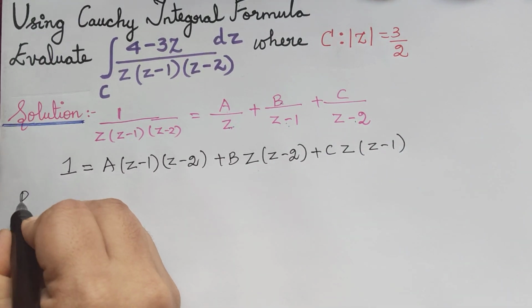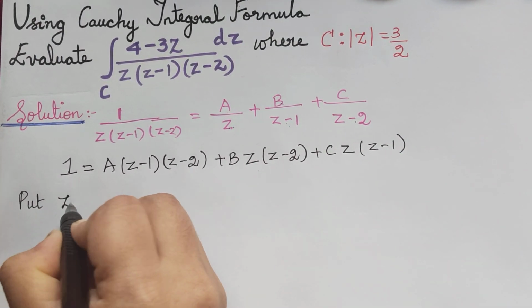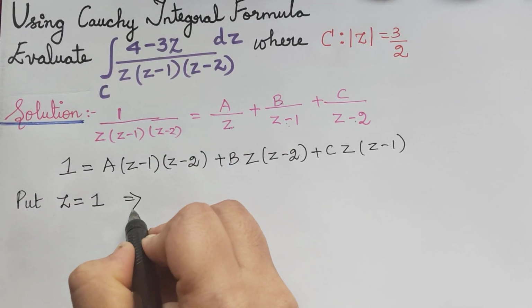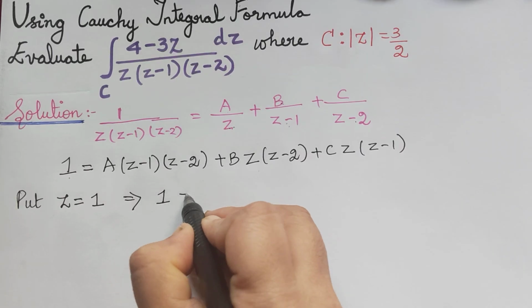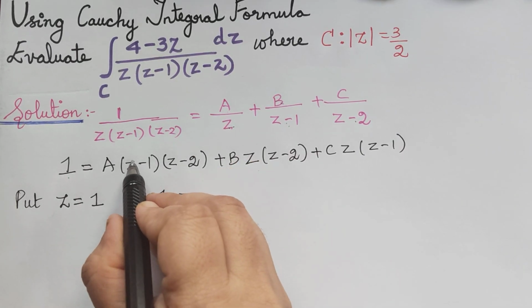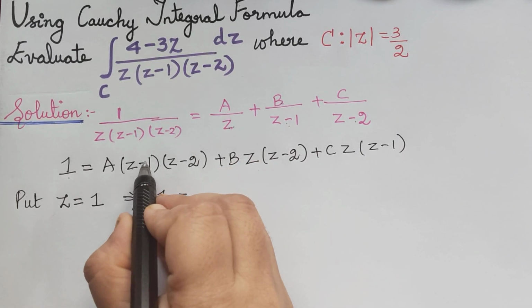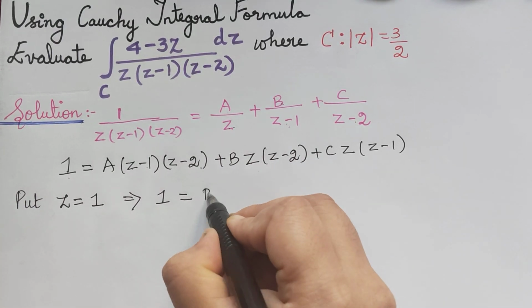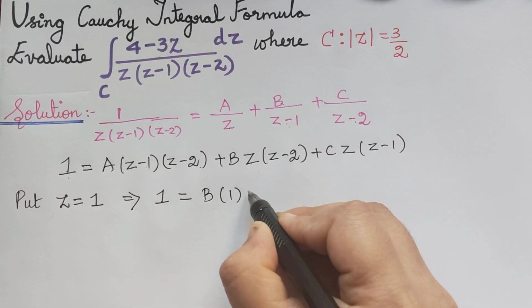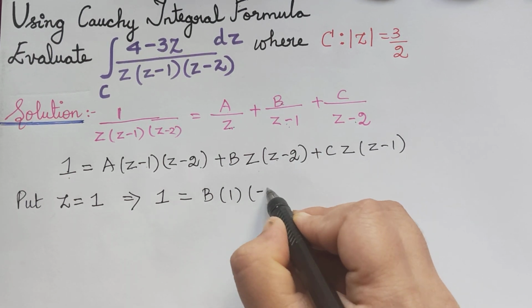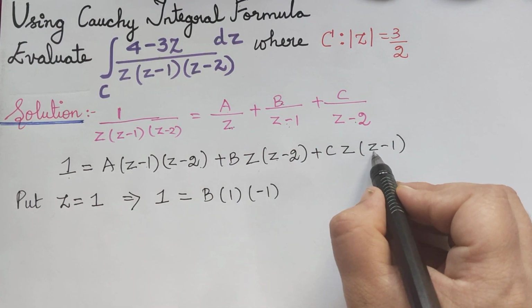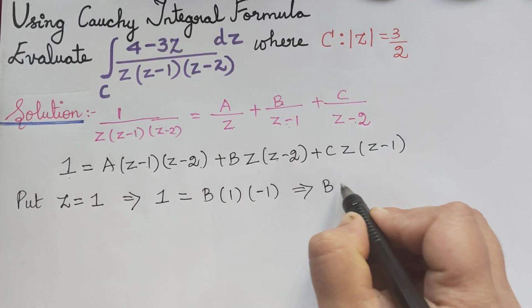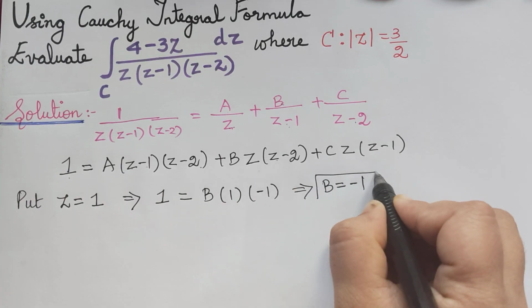Now we have to find the values of a, b and c. First let us put z equal to 1. When you put z as 1, the left hand side is 1, and 1 minus 1 becomes 0, so the a term becomes 0. Here you will have b multiplied with 1 multiplied with 1 minus 2, which is minus 1, and the c term also becomes 0. So we obtain b equal to minus 1.